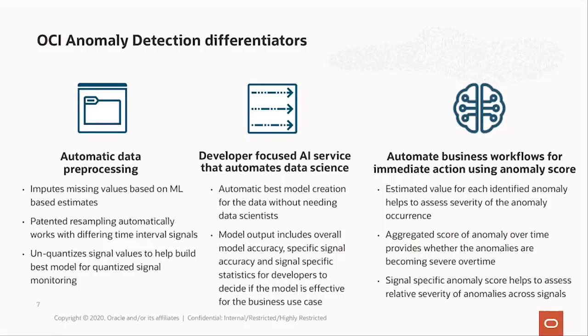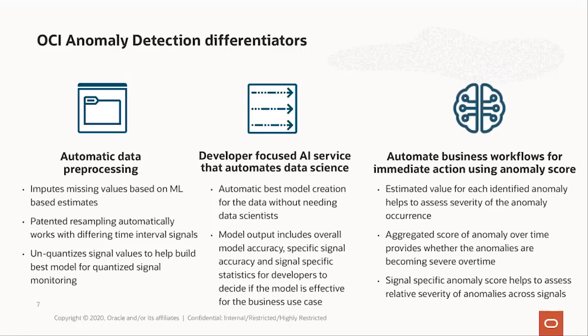You end up with differences in the time frequency, because some signals are coming at 5-minute interval, some signals are coming at 7-minute interval, which results in sparsity in the data. And you also end up with some quantized signals. Certain signals are coming at a specific value, not as a continuous value, because they are aggregating at the edge. So these issues are automatically identified by OCI anomaly detection and automatically fixed before the model is trained, so that we can end up with the best model with the highest accuracy possible.